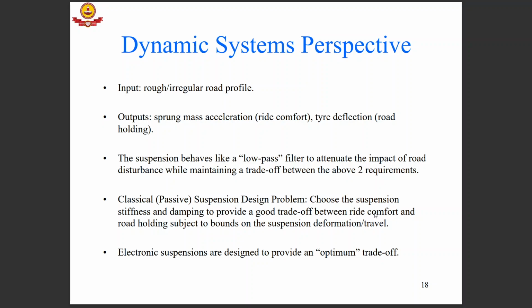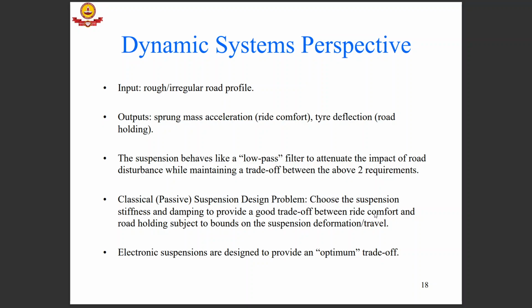Essentially, what we are doing there is having a primary spring and a secondary spring. If the suspension travel becomes too much, the secondary spring comes into action and increases the stiffness, thereby reducing further potential for travel.